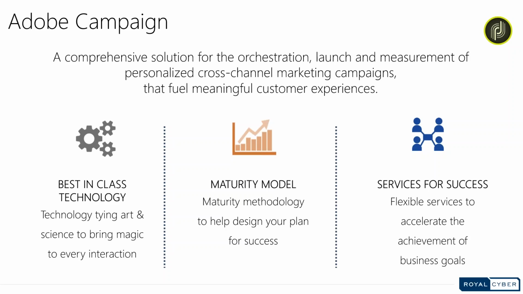And on the maturity model, from the Gartner chart, you would see that Adobe Campaign is a more mature model, and it has been continuously used, and different strategies have helped our customers be on top of the market, especially when dealing with more volume and an enterprise experience. Then definitely there is a maturity model that it predicts. And services for success talks about the different services it provides. We'll build more as we go.